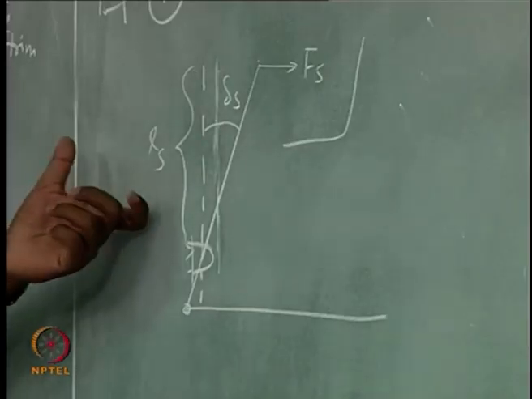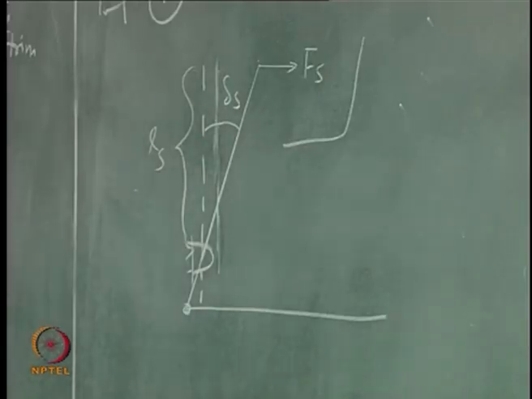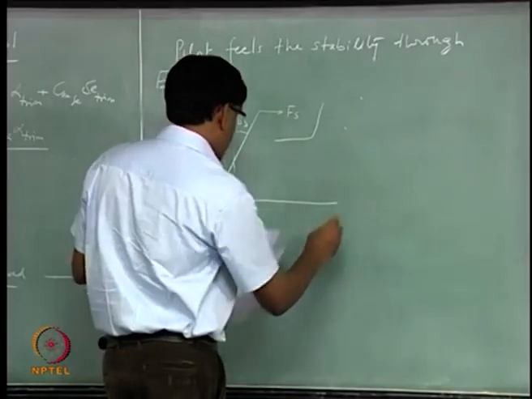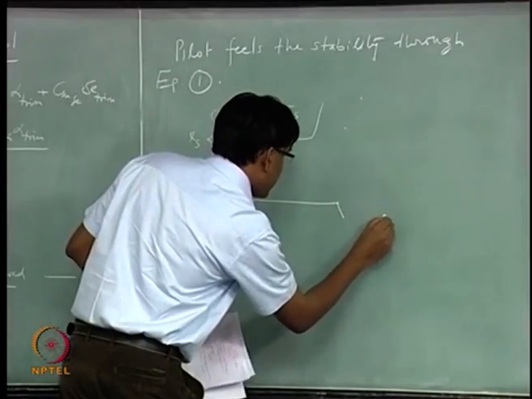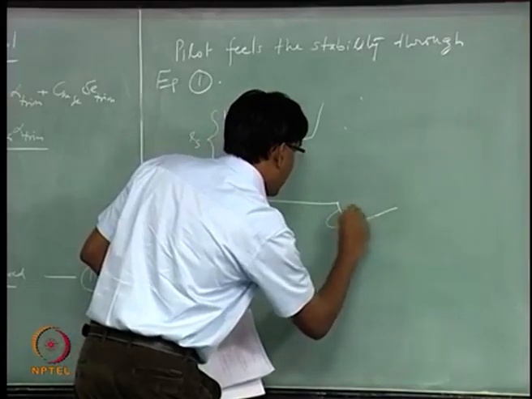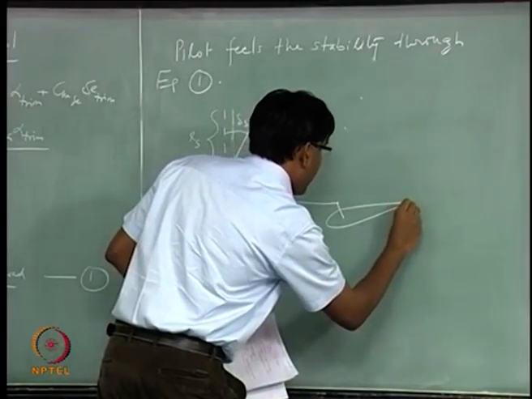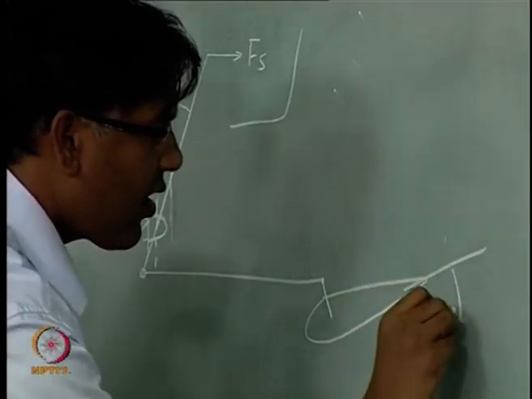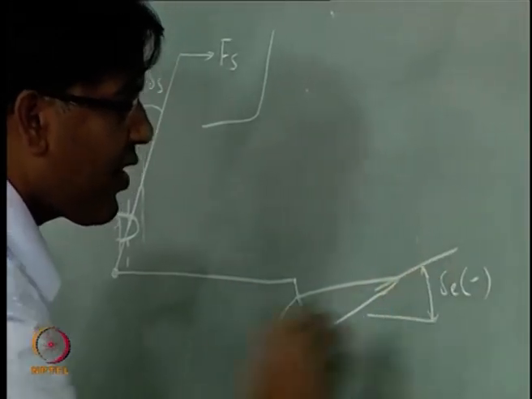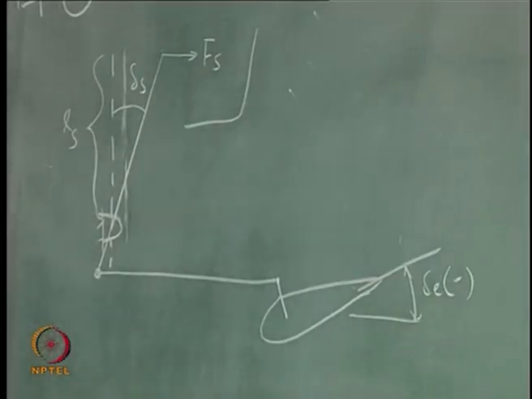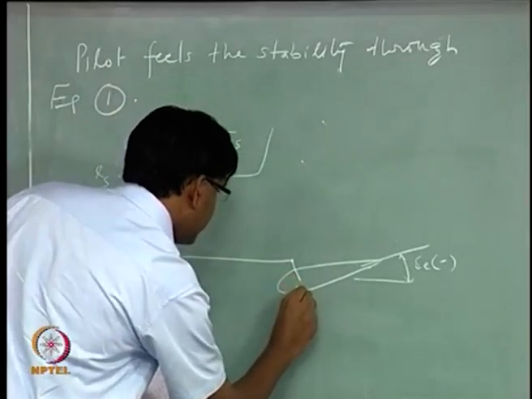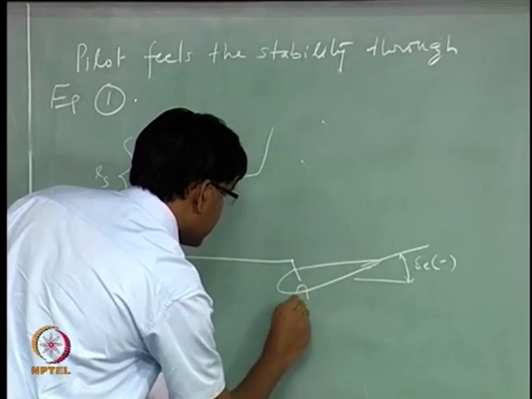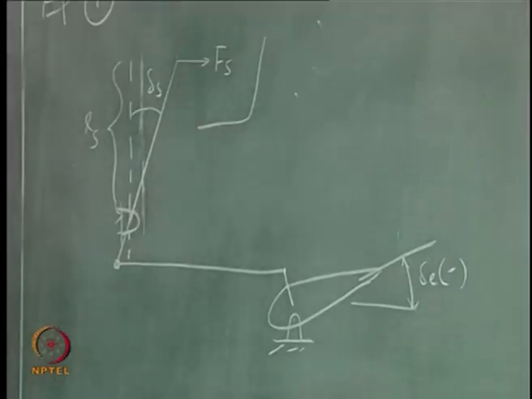And this is the arm that he has. So delta E up is negative, that we have said yesterday, and there is a hinge about which this elevator is moving.